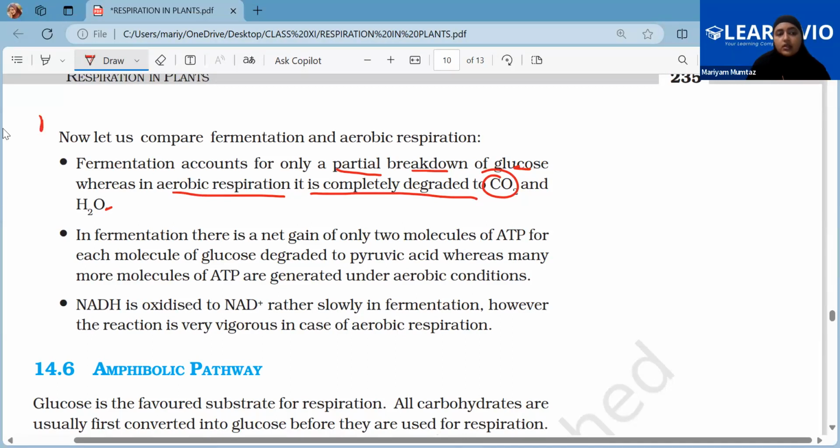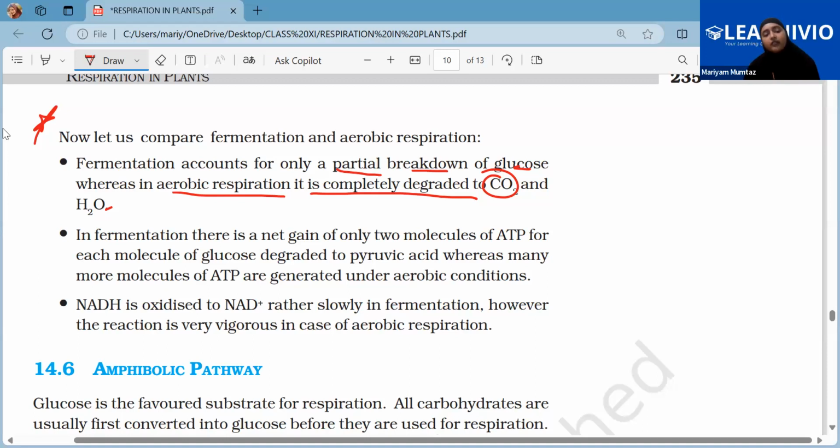This is important: the first process happens in an anaerobic condition, meaning in the absence of oxygen. The second, obviously, as the name suggests, happens in the presence of oxygen. In fermentation, being anaerobic, the partial breakdown of glucose happens, whereas for aerobic, the complete breakdown happens.